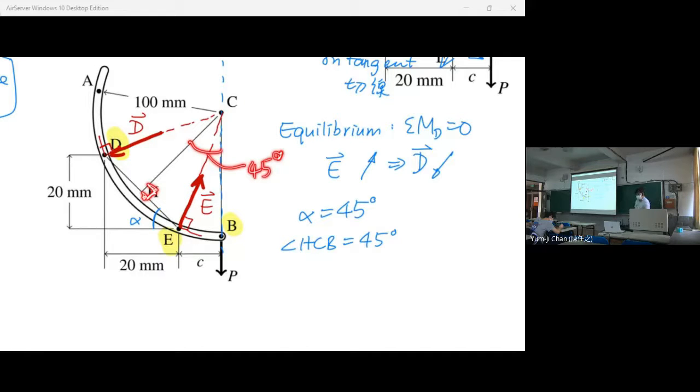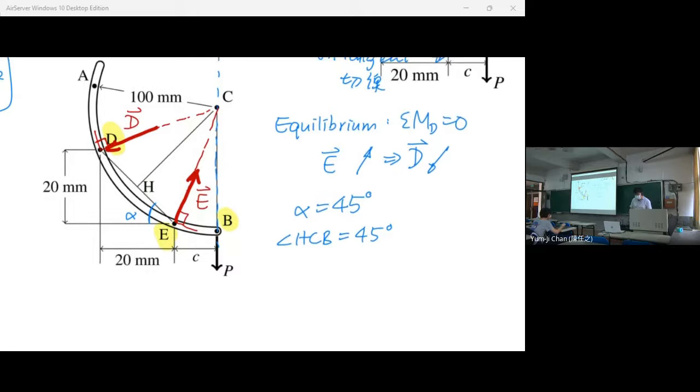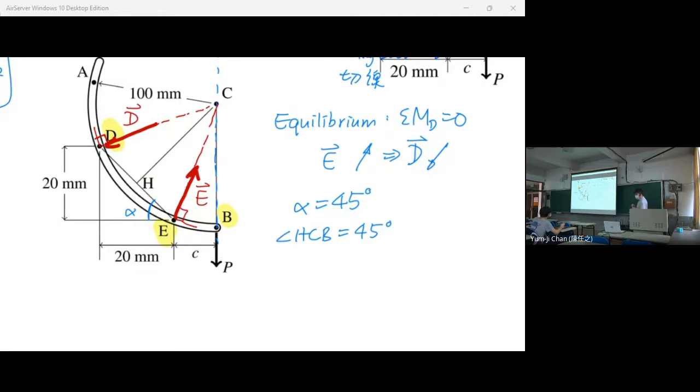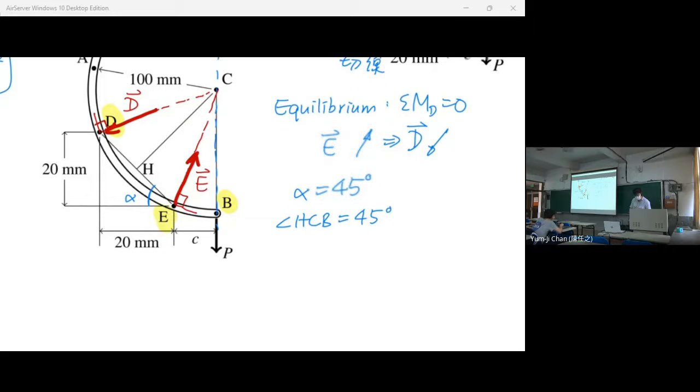Now we need to determine these three angles, because if we know this angle, then we know C, but of course we need to determine this angle first.